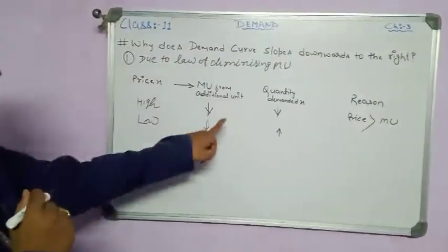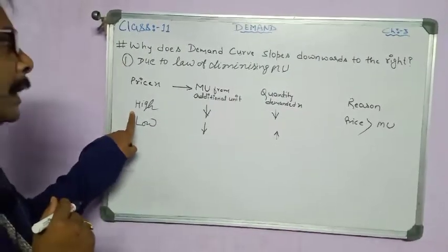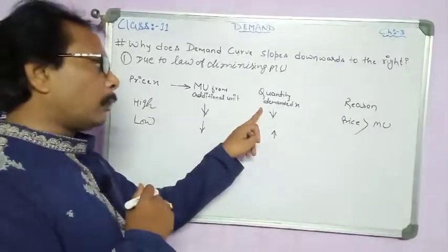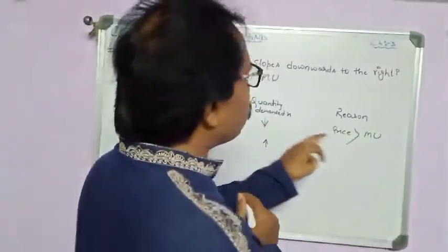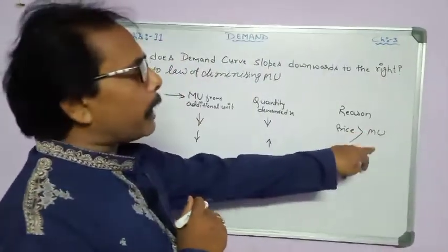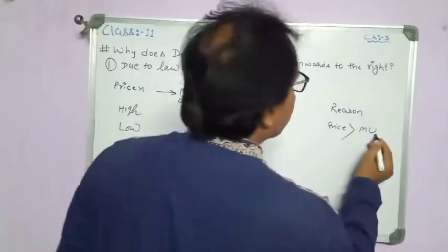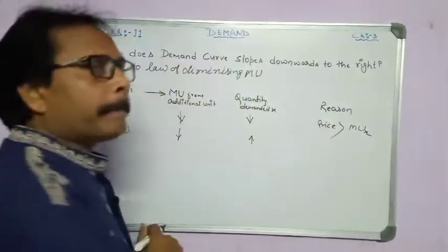In the first case, when the price is high, he is ready to buy less quantity because the marginal utility of commodity X is less than the price.